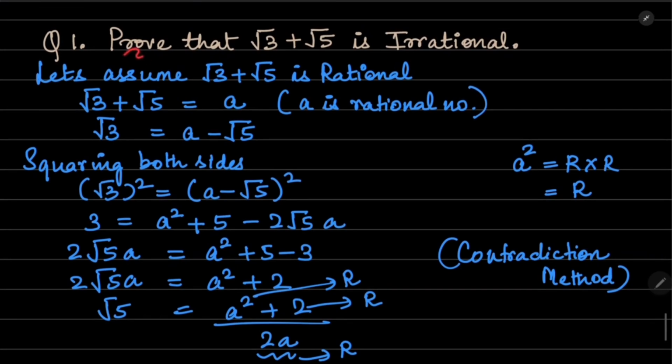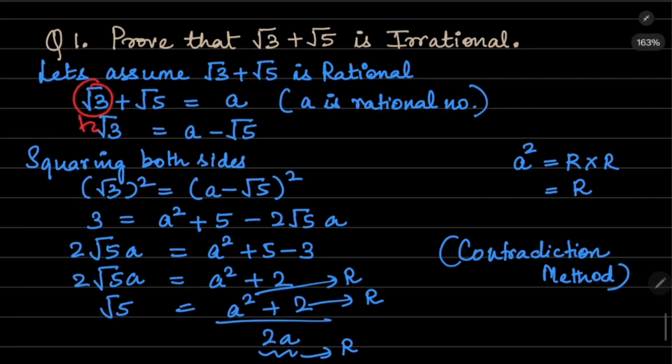Let me again explain it to you. When you have to prove that root 3 plus root 5 is irrational, or any two numbers in place of this, first let's assume that the given number is rational, and let's denote it by A, wherein A is rational. That can be written in the form of P by Q. Let's take any one known irrational to one side and the other number to the other side. So A minus root 5.